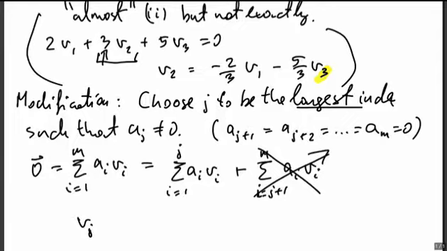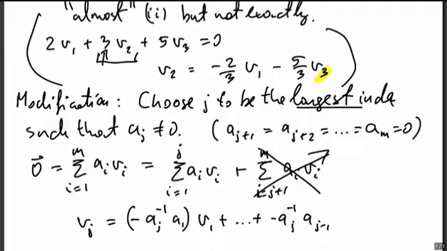And now that means that j is the largest index, so this looks much better, because then vj can be written as minus aj inverse a1 v1 up to minus aj inverse a j minus 1 v j minus 1.